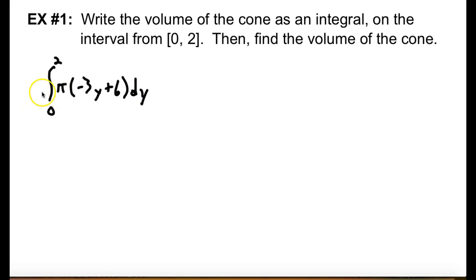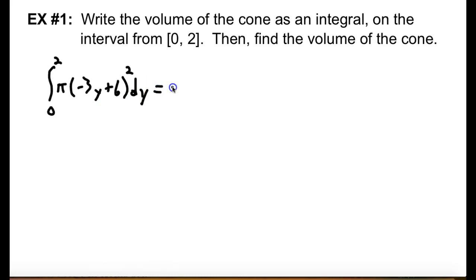Now I could just pull that pi out front when I integrate because pi is just a constant. And oops, I forgot my square, didn't I? Pi times the radius squared. This would be a fairly straightforward integral to do by hand. It would probably be easiest to just square this binomial instead of trying to do a u substitution.